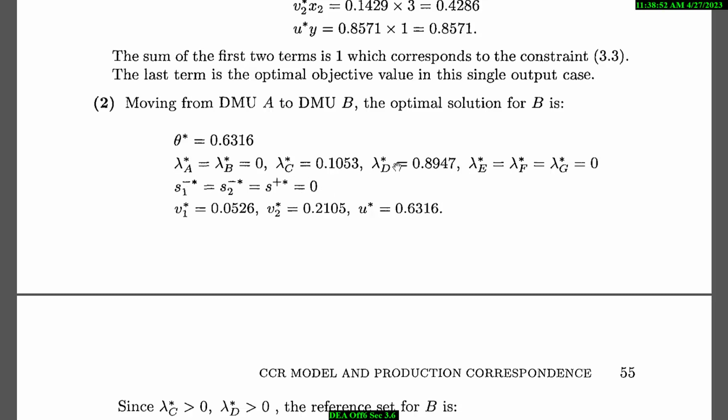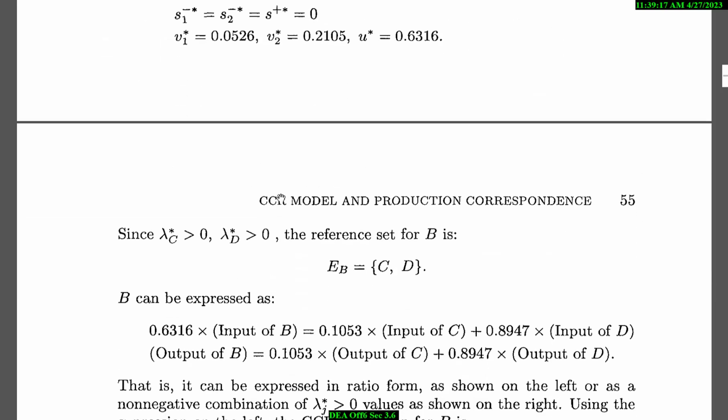C and D are used to determine the efficiency of B. Indeed, B is compared with C and D, and in this comparison D is more important because lambda star D is bigger than lambda star C. The reference set is C and D, since only these lambdas are strictly positive.